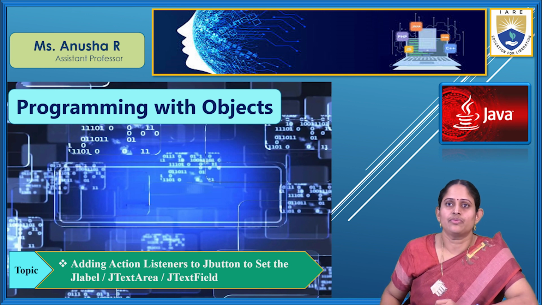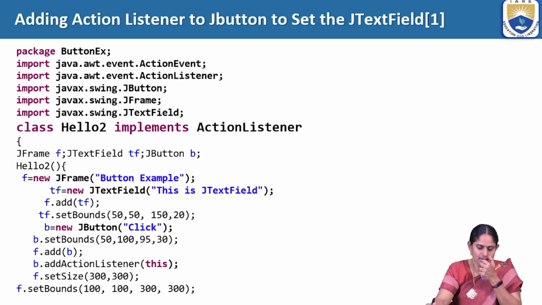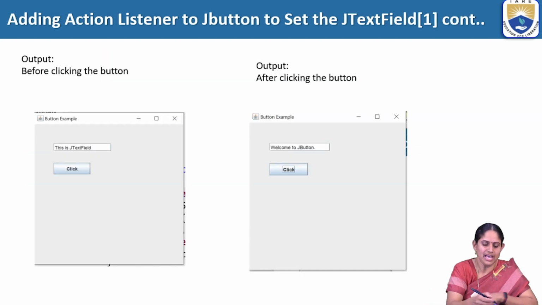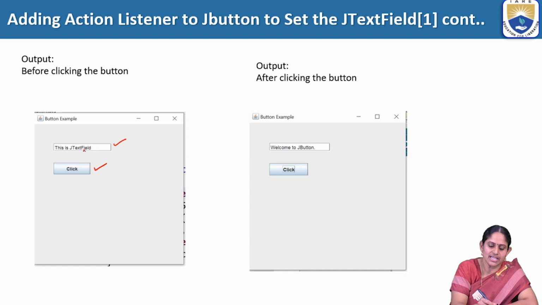So let's look into the first example of adding an action listener to JButton to set the JTextField. In our program, we have a frame in which we have one text field and a button. The text field initially has some data written in it, and when we press this button, it will rewrite the data in the text field.